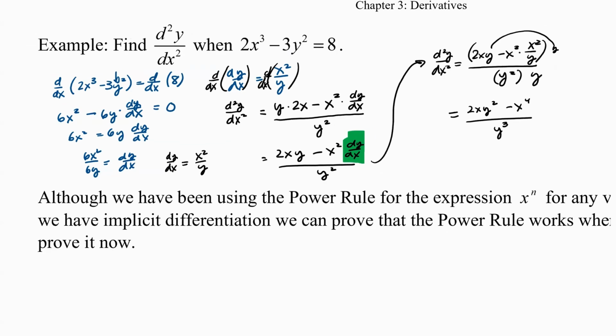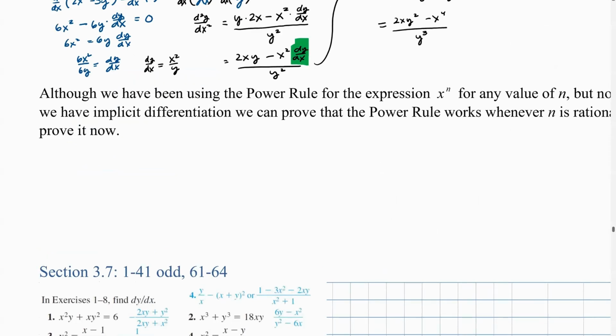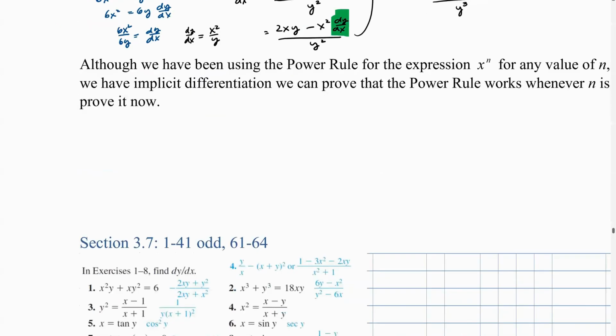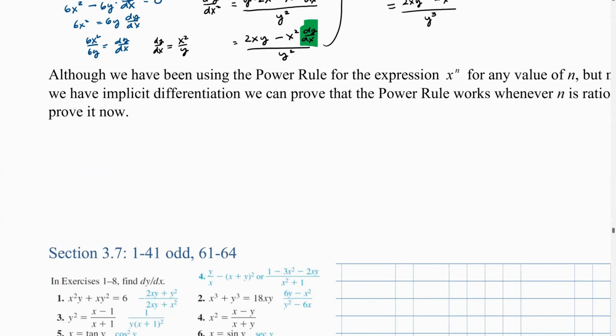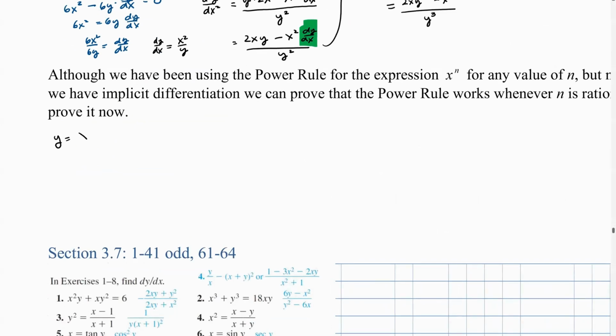Right? Now, here's something I hate to confess. In the homework prior to this section, you have been doing problems like y is equal to x to the 1/2, and you're taking the derivative of that. Bring the power down, reduce the power by 1, 1 over 2 square root of x, something like that.